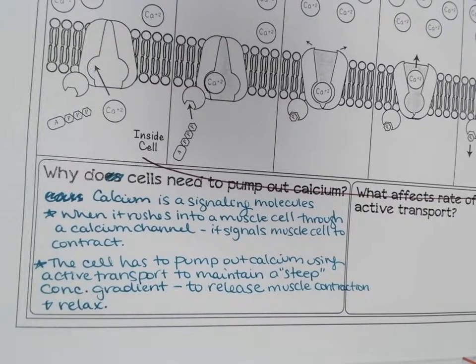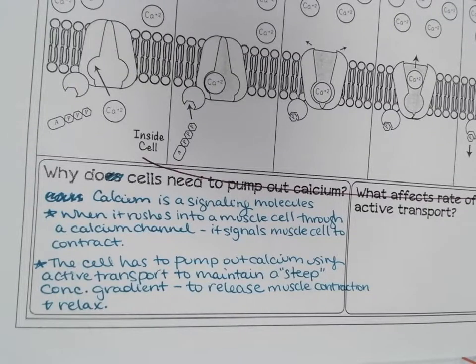So in order for a muscle to relax, it's got to get calcium out of the cell. So it has to pump the calcium out. The calcium rushes in when it wants to tell the cell to contract. That's well and good, but now it's got to get the calcium out to tell it to relax.